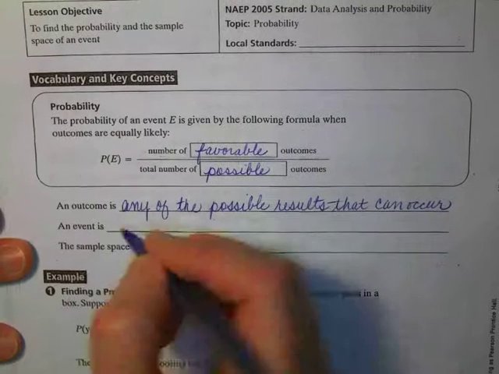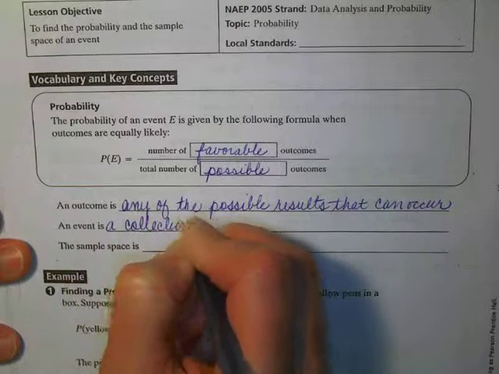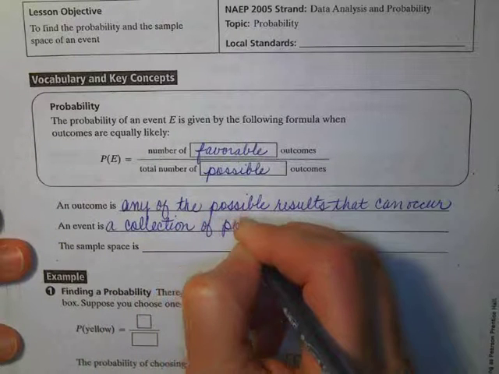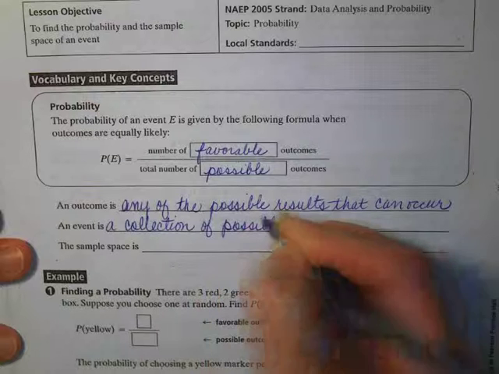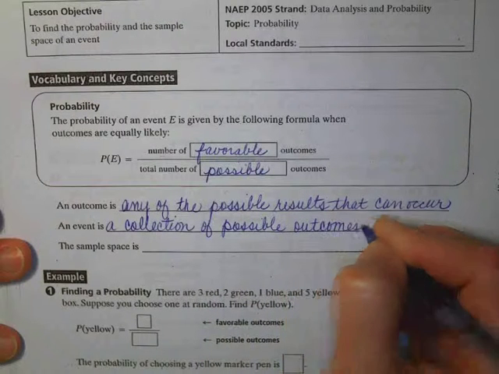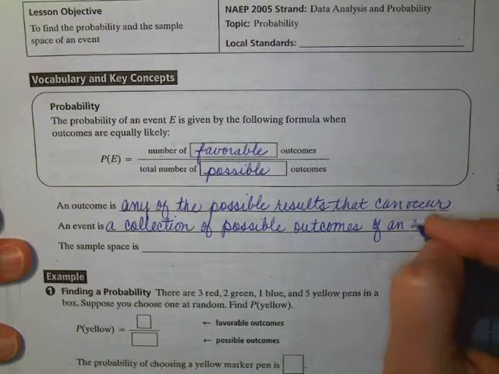An event is a collection of possible outcomes of an experiment.